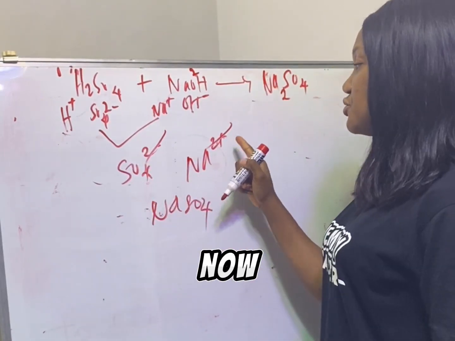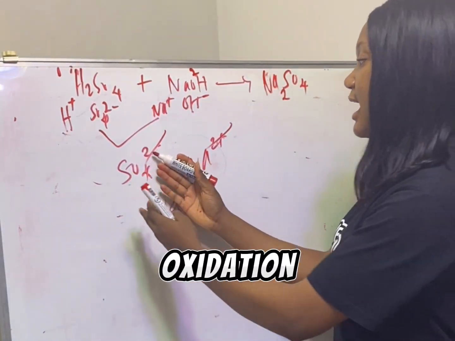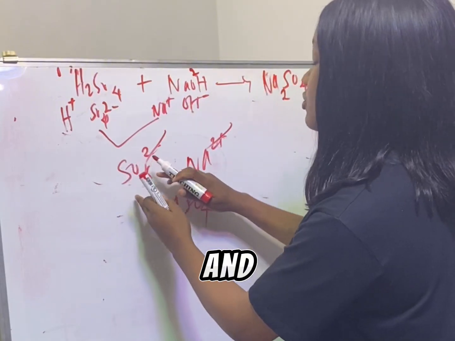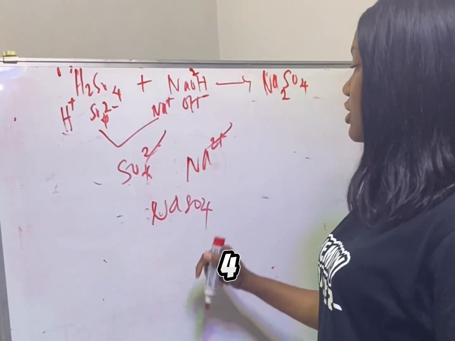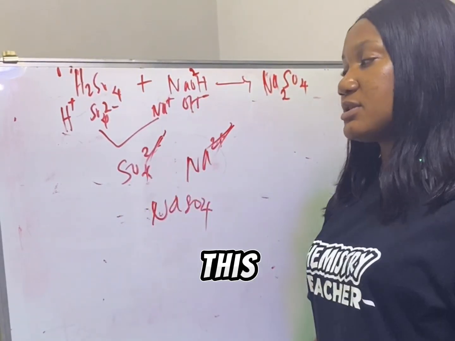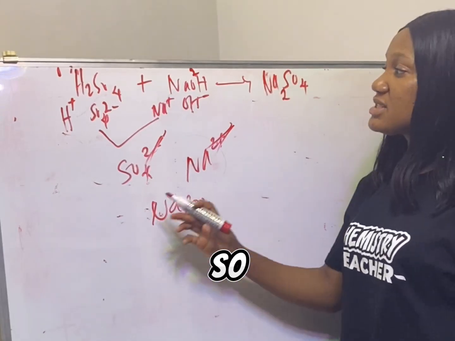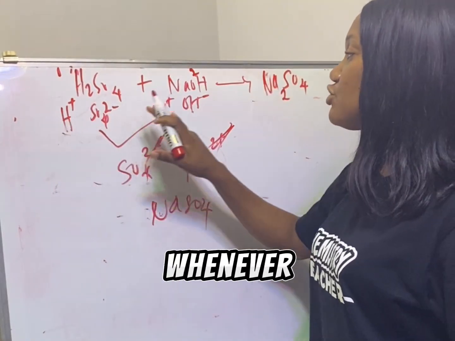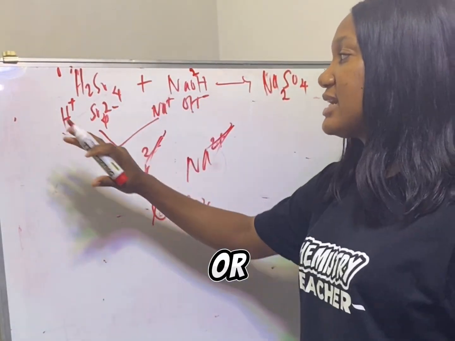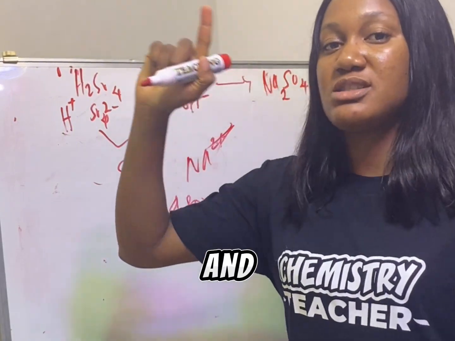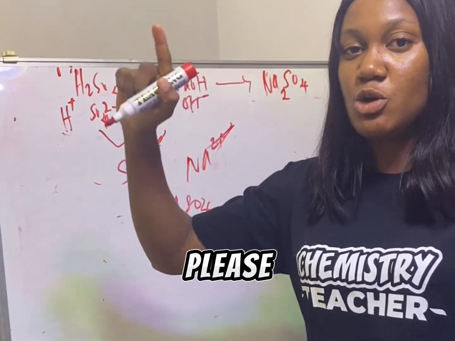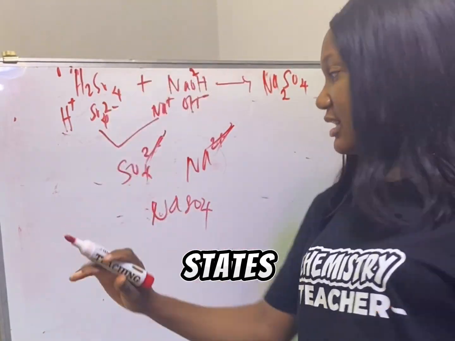But if sodium had an oxidation state of 2, and we were combining it with SO4 which has an oxidation state of 2, these two will cancel out. So you should know that whenever you're combining two elements, or an element and a radical, and both of them have the same oxidation state, those oxidation states will cancel out.